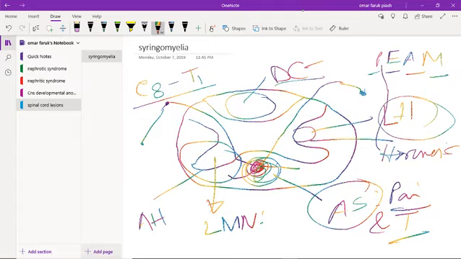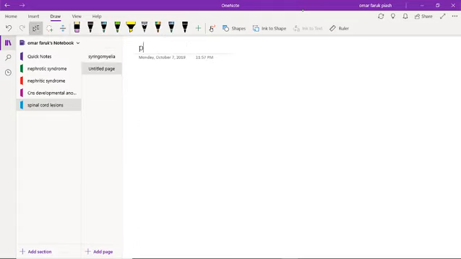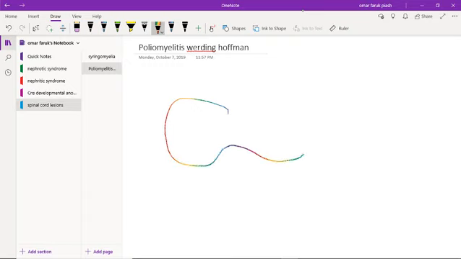Now, next disease, poliomyelitis. In poliomyelitis and in Werdnig-Hoffmann syndrome, in both cases there is destruction or loss of the anterior horn.